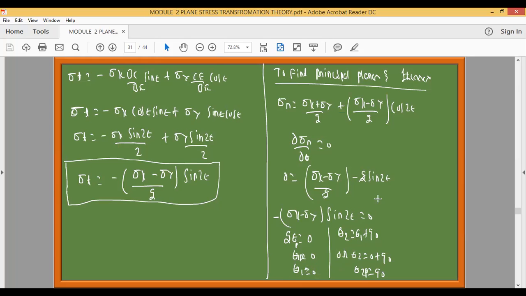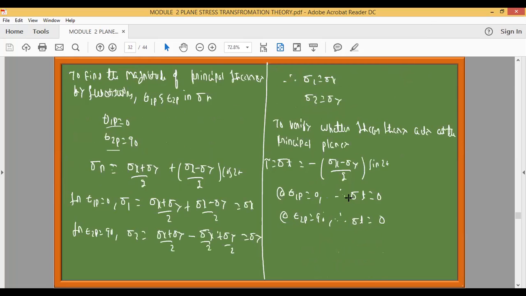We have discussed that directly. You cannot substitute cos 2 theta is equal to 0. The angles are: theta p1, principal stress p1, is 0 degree and the other will be 90 degree. There is no need to do this also. When I do that, I will be getting sigma 1 as sigma x and sigma 2 as sigma y.